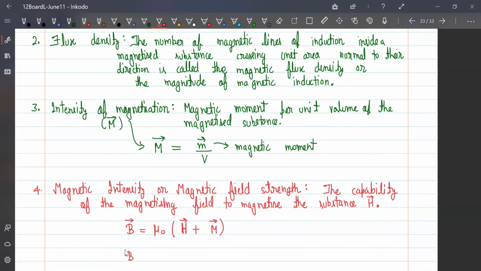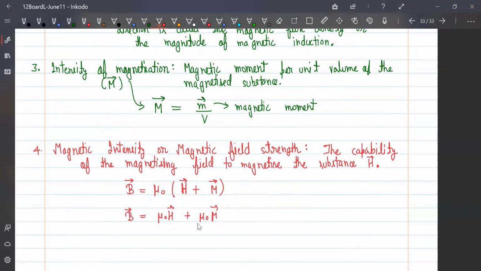So we can write this as B vector equals to mu naught H vector plus mu naught M vector. So mu naught M vector क्या है? ये already magnetic field था, और mu naught H, this is the external से induced कितना हो, external वाला induce कर रहा है, that is mu naught H. And this is already internal magnetic field, that is B in.